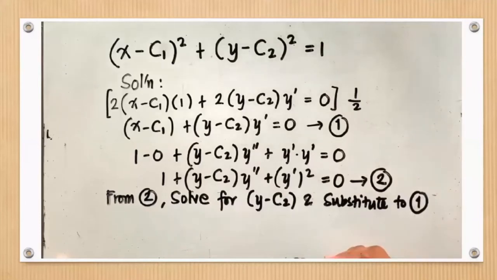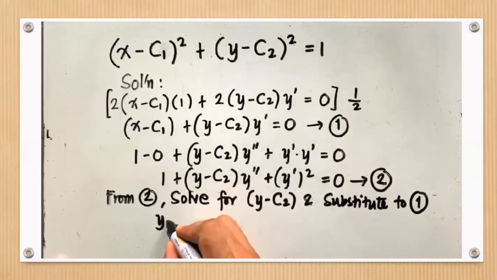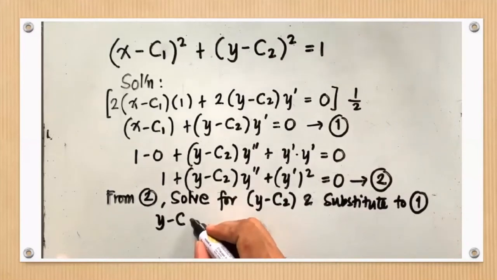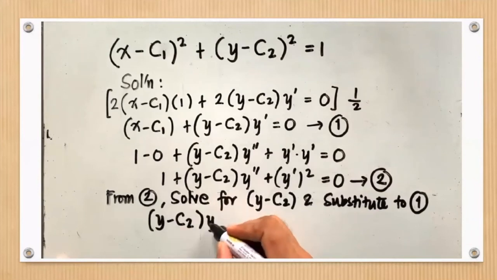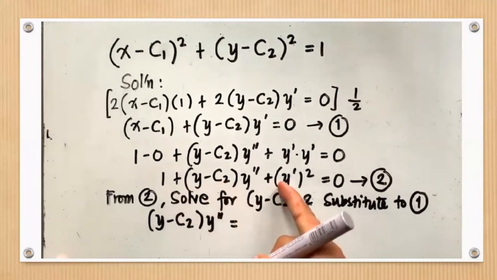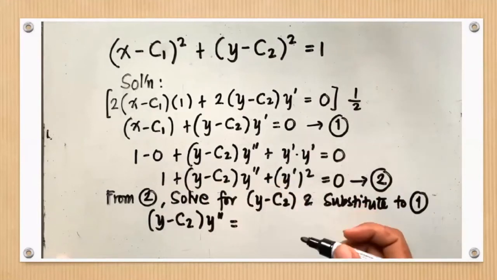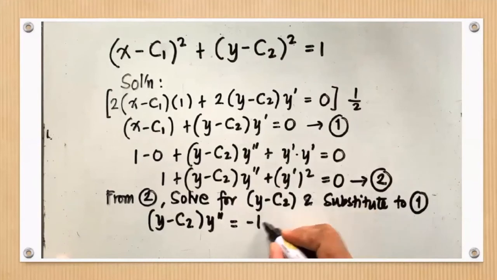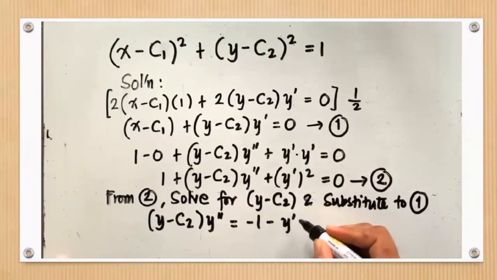So ganun lang, solve for y minus c sub 2. So ayusin ko lang tong equation 2. Express ko siya in terms of y minus c sub 2 equals. So, the rest of the terms on the left-hand side, transpose lang sa kabila. And copying ko muna yung y minus c sub 2 times y double prime. Transpose mo yung 1 and y prime squared to the right-hand side. So, magiging minus 1 minus y prime squared.